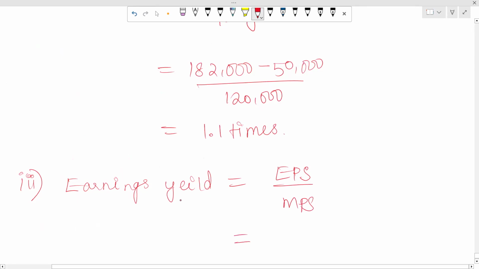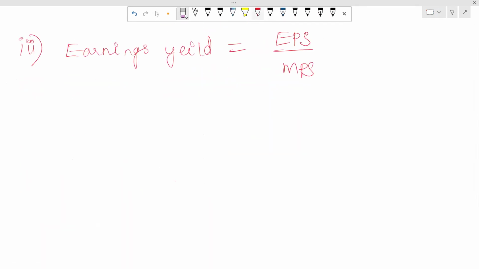EPS is how much? Oh, first we have to calculate EPS for the firm. Let's calculate EPS. It is not directly given in the question. EPS is equal to earnings available to equity shareholders divided by number of outstanding shares.